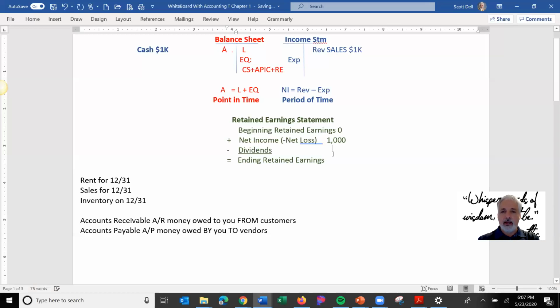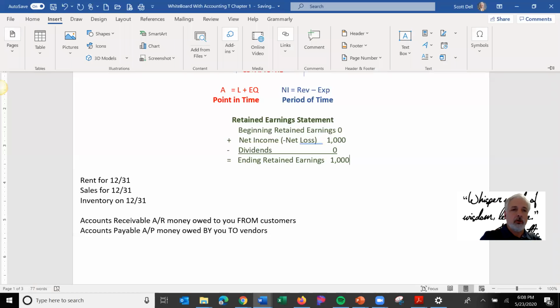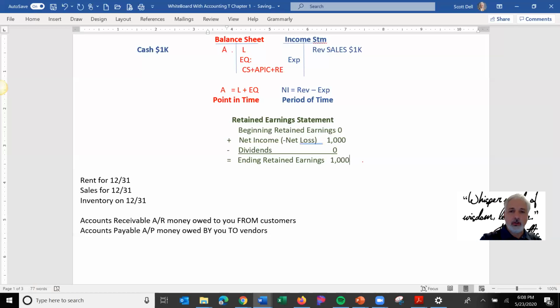I have 0 that I've issued in dividends to pay back my owners, and I've got net retained earnings of $1,000. And this $1,000 is going to jump right to there. So now I've got 1,000 in cash and 1,000 retained earnings. We're in balance. Life is good. And life should be good.